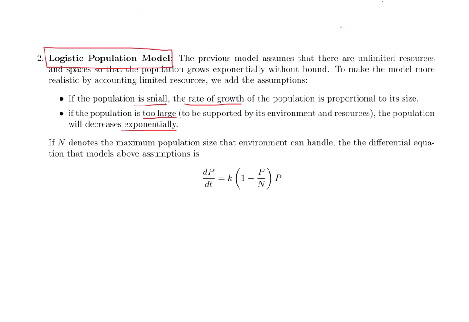So to specify what it means for the population to be small or too large, we denote by N the maximum population size that the environment can handle. Okay, so this is the maximum population size that the resources or environment can sustain.